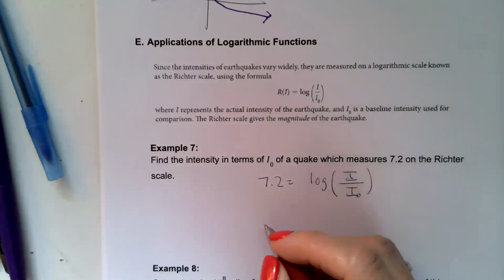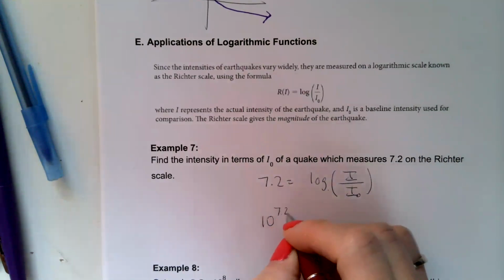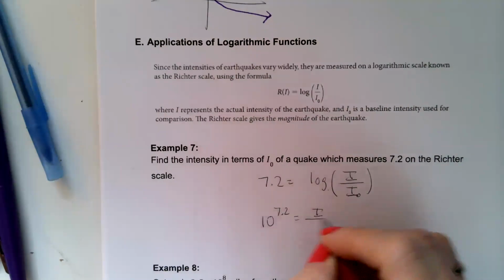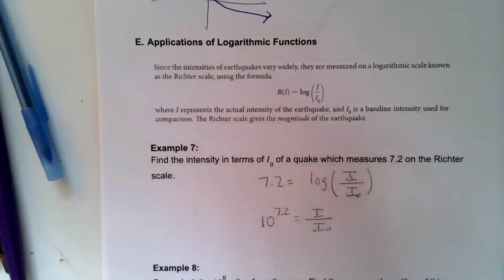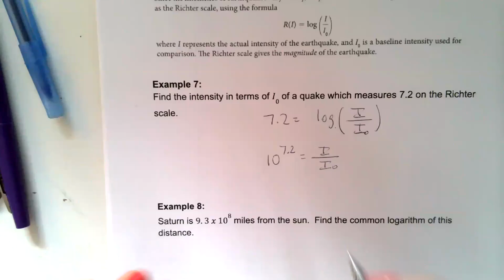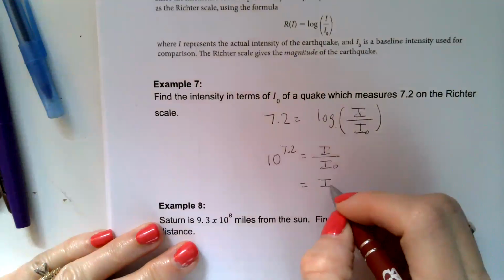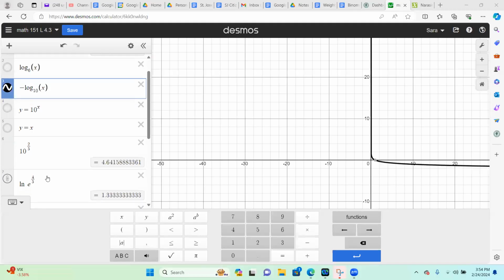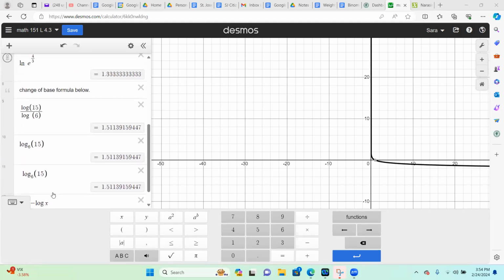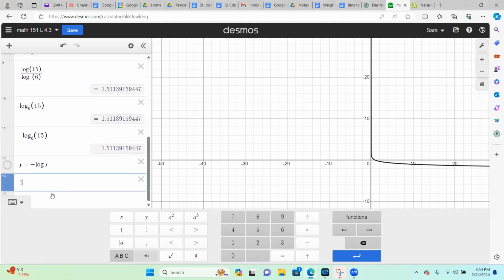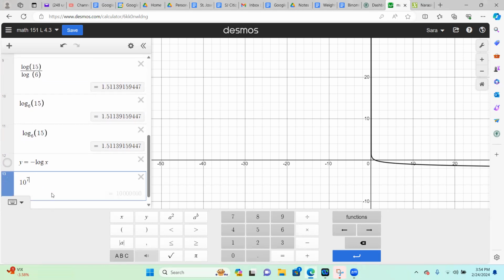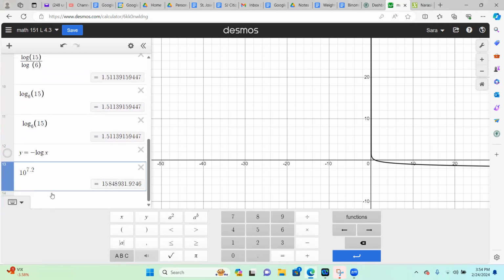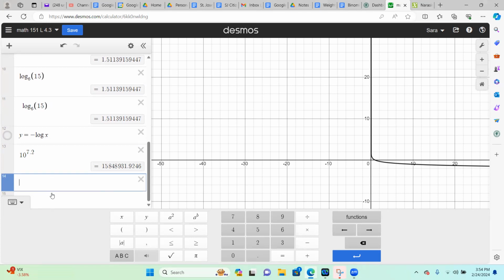So that means we can really say that 10 to the 7.2 is equal to that ratio. And so I is going to be 10 to the 7.2. So we're going to look at what 10 to the 7.2 is.